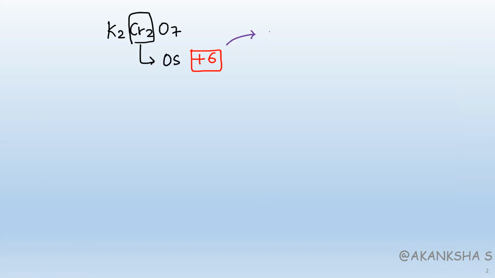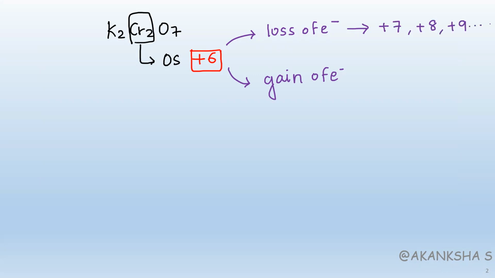There can be loss of electron, okay, from the chromium, or there can be gain of electron. These are the two possibilities with chromium. Okay, so let's try to understand. If more electron is lost from this +6 chromium, we'll get +7, +8, +9, so on and so forth, depending on how many electrons are lost.